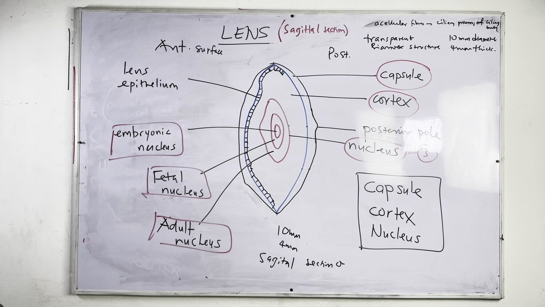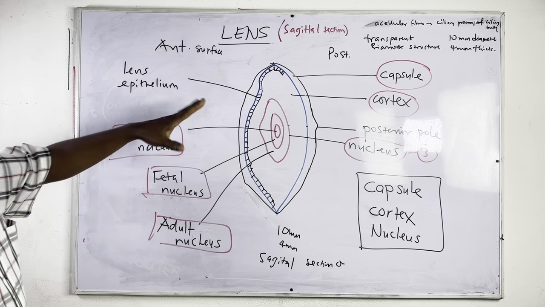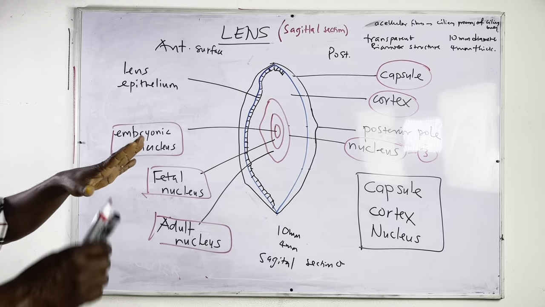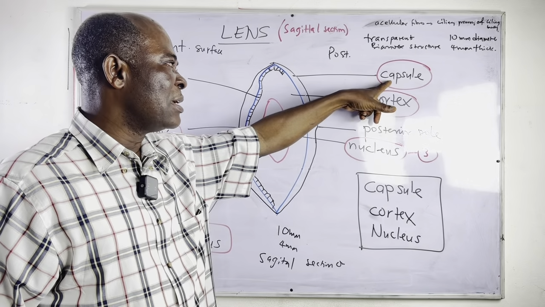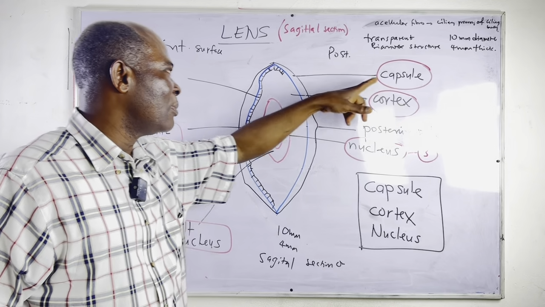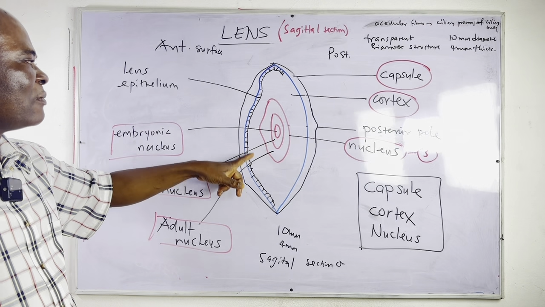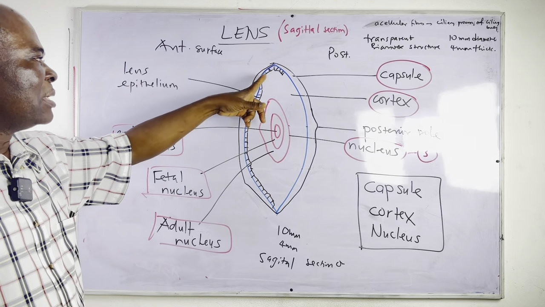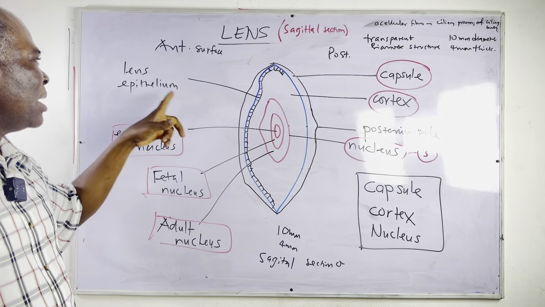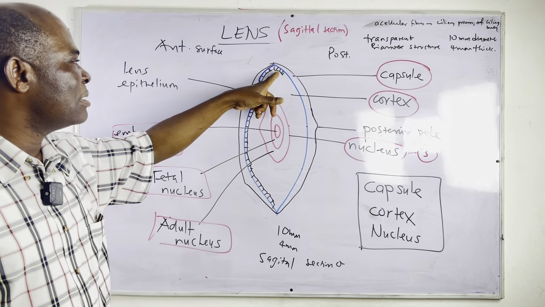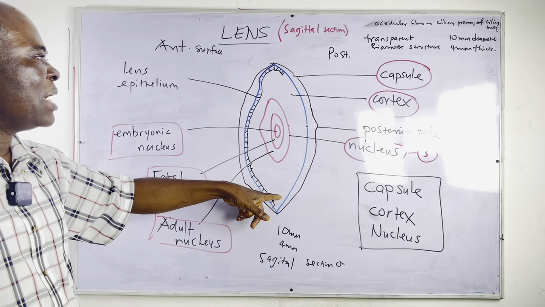Then what I'll add to this is an addition I'm bringing in: at the inner side of the capsule, we have a layer of cells. This layer of cells, we call the lens epithelium. And these cells, we don't find them at the posterior side.